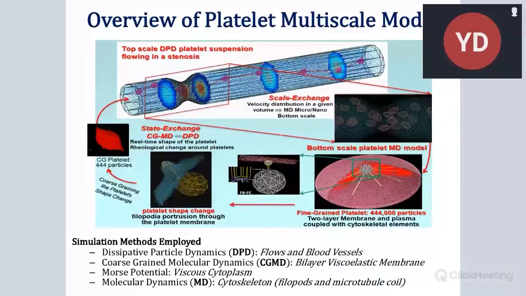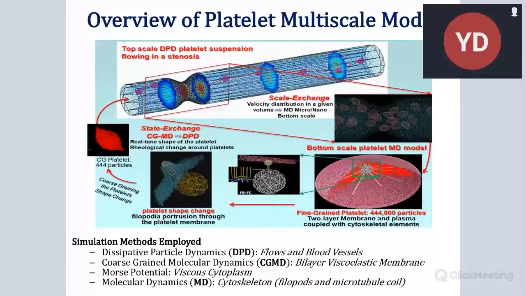This picture basically illustrates the scales of the problem. Let me show you the lower right corner, like a satellite picture. This literally is a platelet model we built, with a little core inside, and then other parts. Let's go to different scales. We have multiple methods to simulate all the way down to the cytoskeleton modeling. We use actual atomic or molecular dynamics, and then we go on to coarse-graining MD.